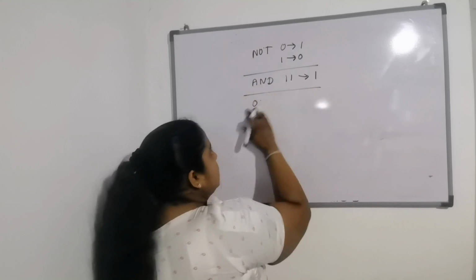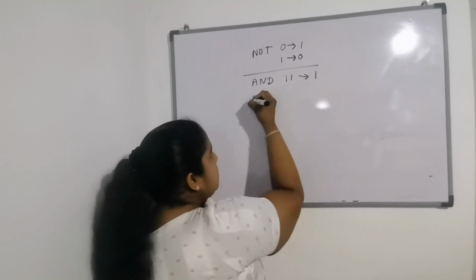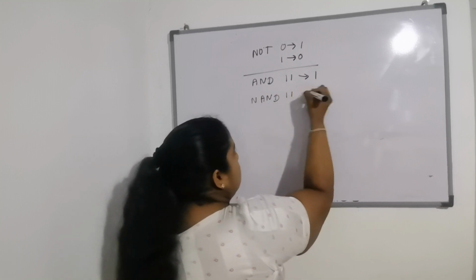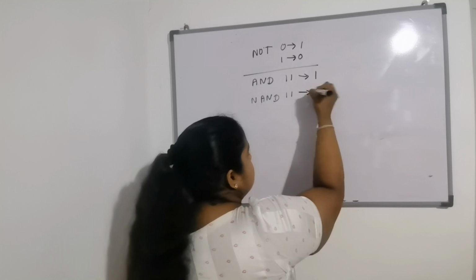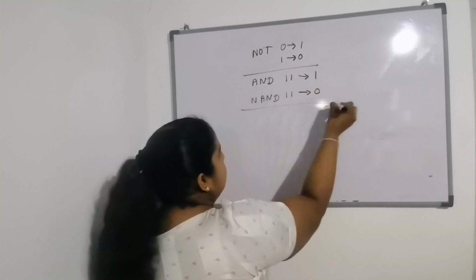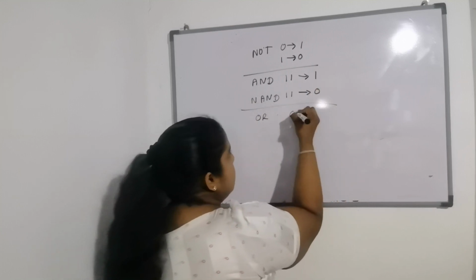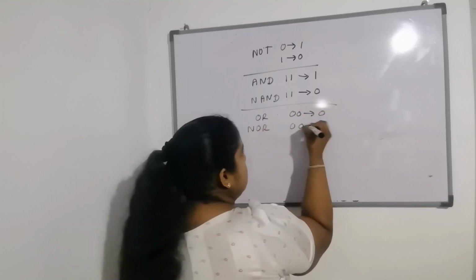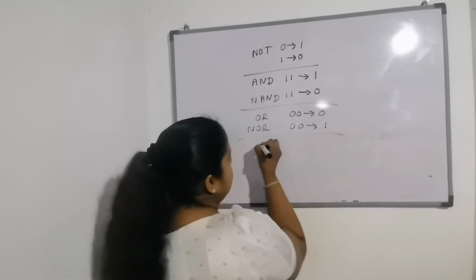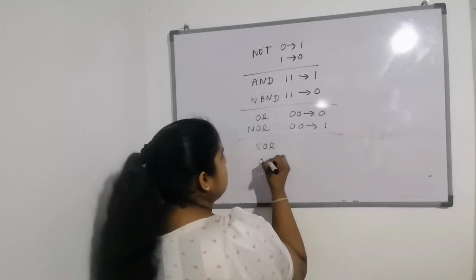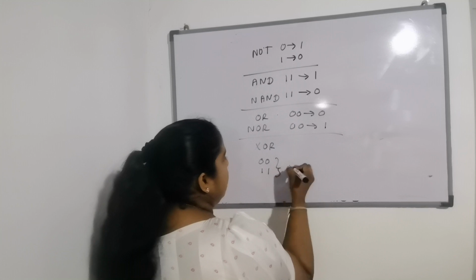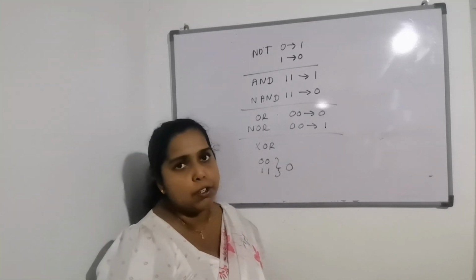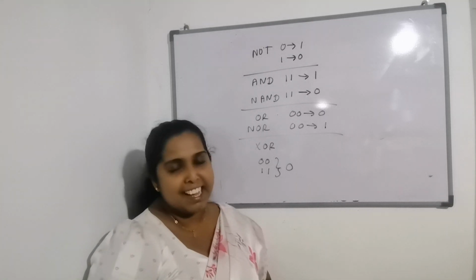And OR gate, to that you can remember the NAND gate also. NAND gate 1 1, it is 0. Then OR gate 0 0 0, NOR gate 0 0 1, and exclusive OR gate 0 0 and 1 1 will output 0. Using this short note, you can understand the logic gates easily.